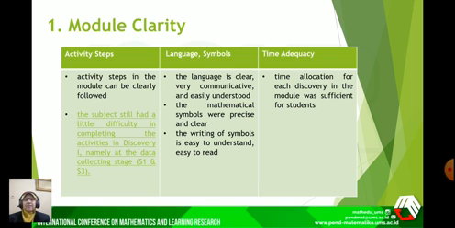For language and symbols, the language in the module is clear, very communicative, and easily understood. The mathematical symbols were precise and clear. The writing of symbols is easy to understand and easy to read. And for time adequacy, the students state that the time allocation for each discovery in the module was sufficient for students.